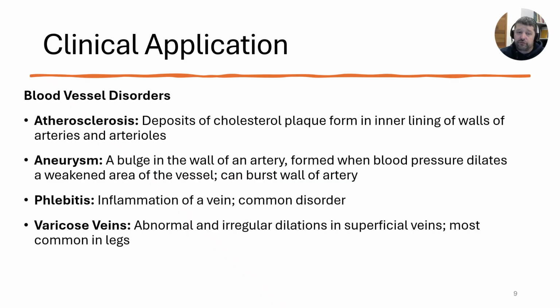Also individuals that stand for too long. So if you spend long hours standing, nurses, watch out for this. Varicose veins, same thing. It's just a pooling of blood that often will happen because the contraction of the muscle is not forcing the blood back to the heart. Instead, it's allowing the blood to pool in the veins, and then that causes damage to the structure of the vein.